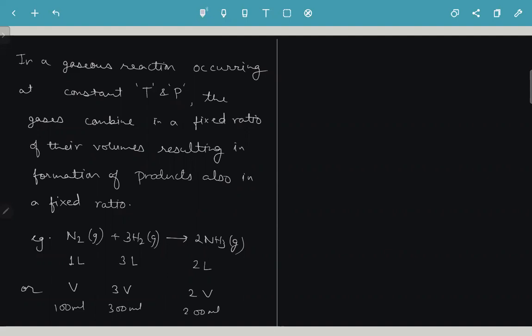So for a gaseous reaction, the volumes of reactants consumed and that of products formed are in the ratio of the coefficients of the reaction. Clear है ये? Vatsal, is it clear? Good.